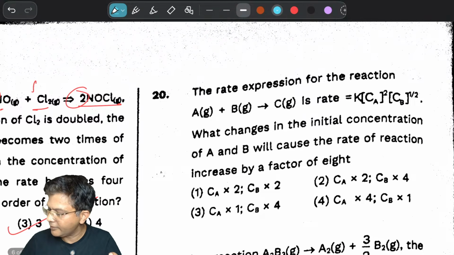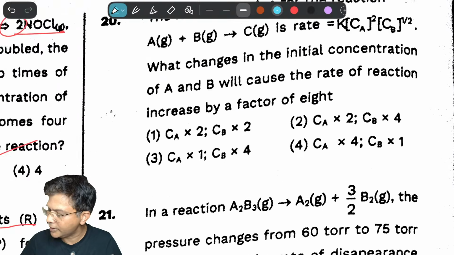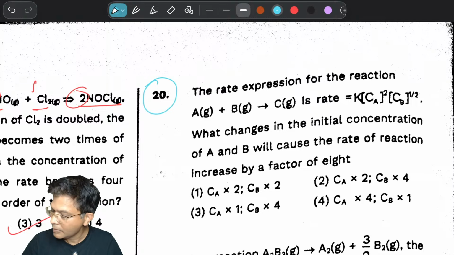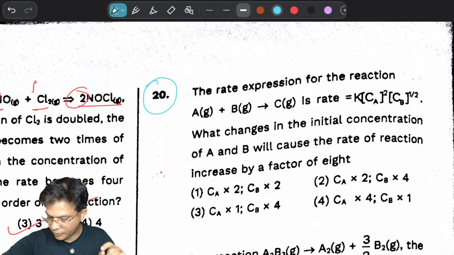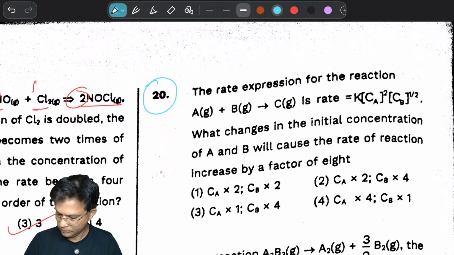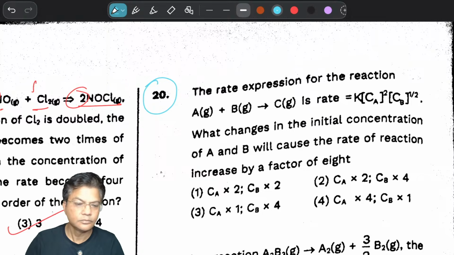Question number 20. Everyone see to it. Tell me the answer of question number 20. Quick. Fast, kids, fast.